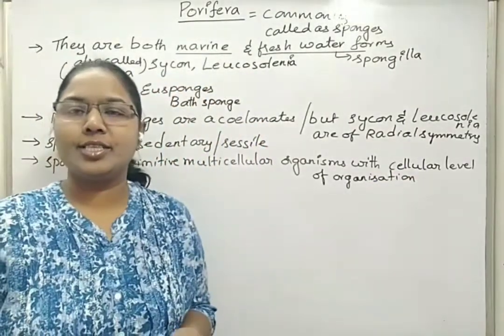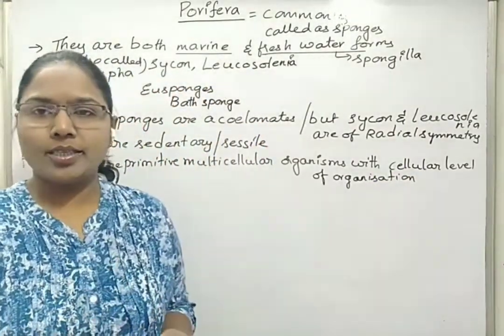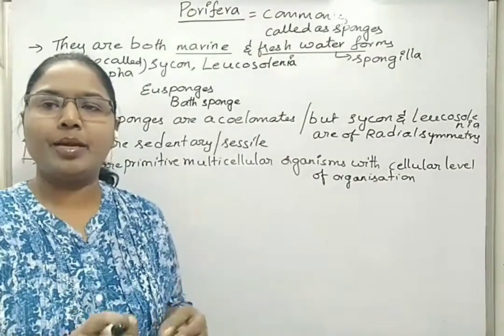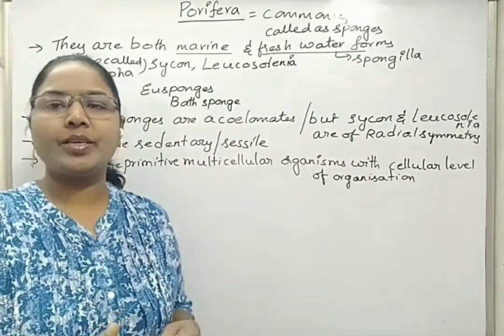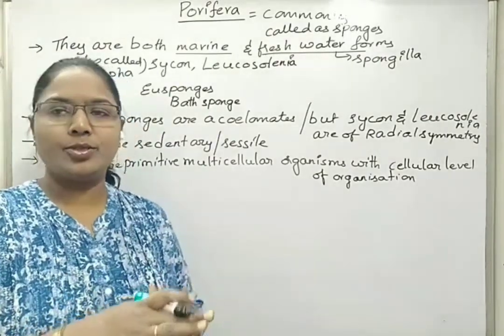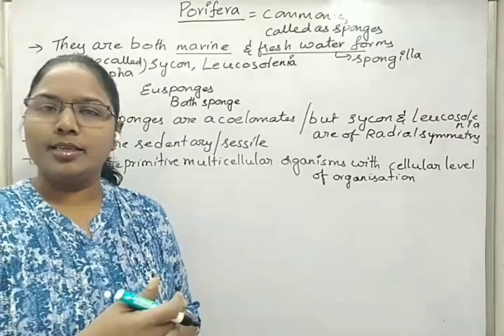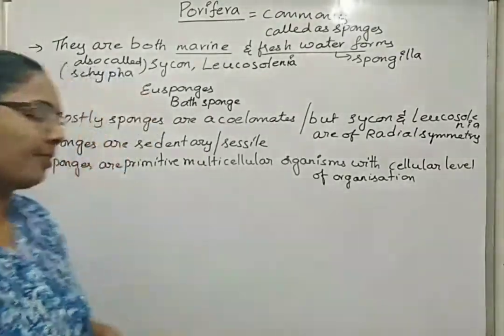Cellular level of organization means there is no coordination between the cells that form the sponge's body. Each and every cell is doing its own specific function. One cell is not related to another cell in metabolic activities.